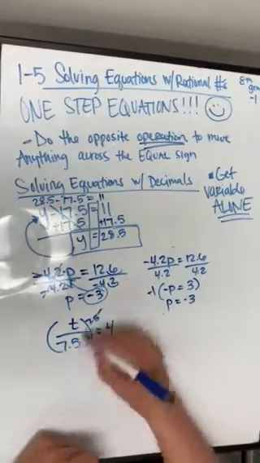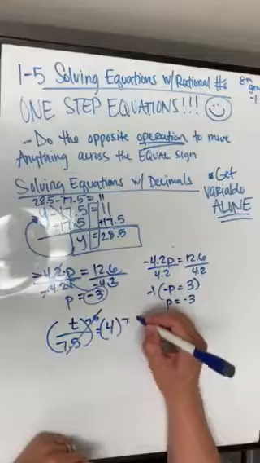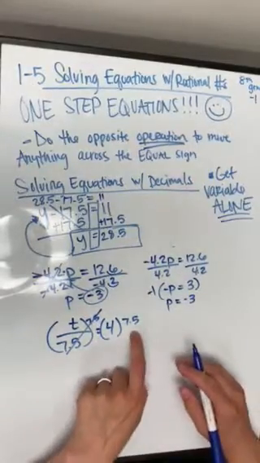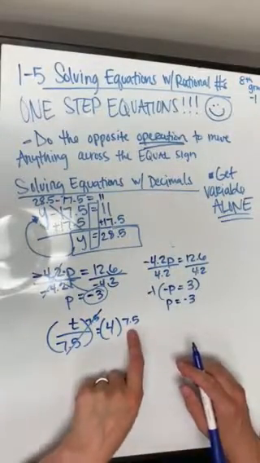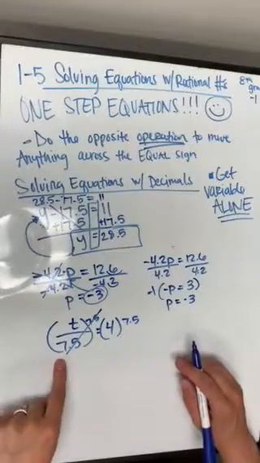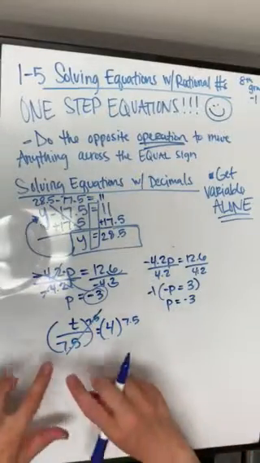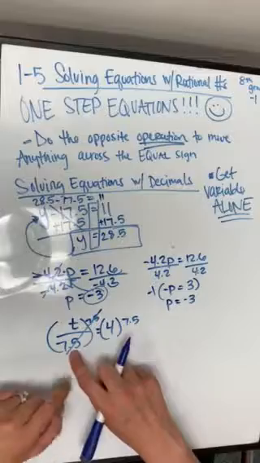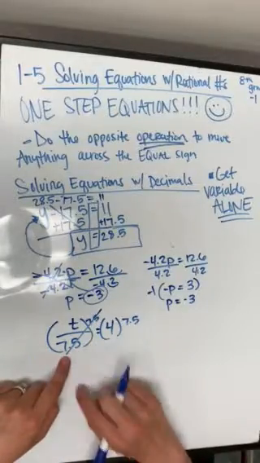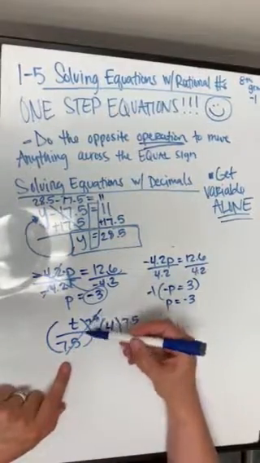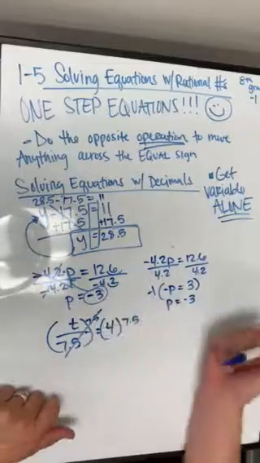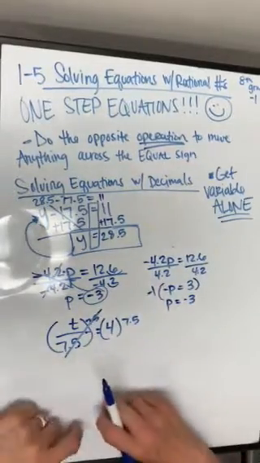So I multiply this side by 7.5 as well because I times this side by 7.5. Now, timesing a fraction by its denominator will get rid of that denominator because really what you're saying is 7.5 divided by 7.5 and that gives us 1. So that's how that cancels out.